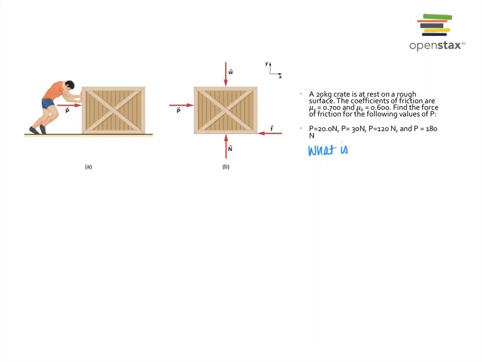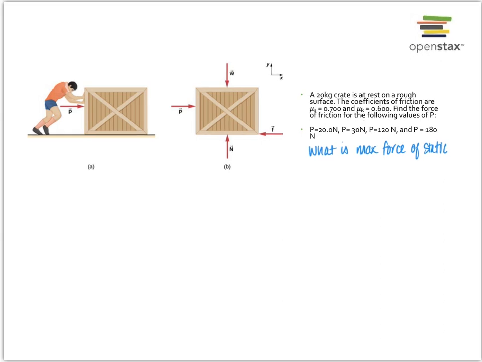So I think the first thing we want to do is we want to say, what is the maximum force of static friction? So the maximum force of static friction is that coefficient of static friction times the normal force.